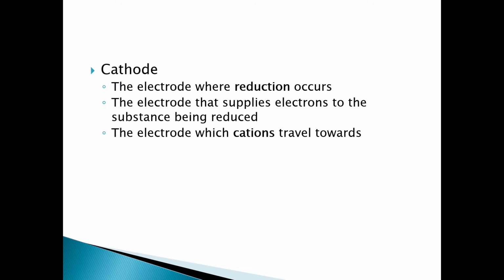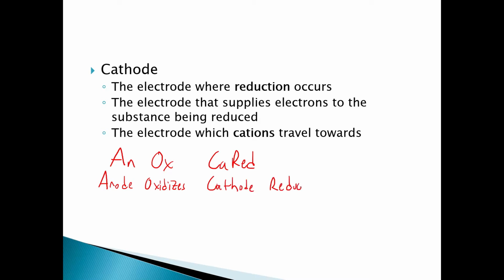Okay. Now, if you can't quite remember that, we have another mnemonic that helps us remember this, and it's called an ox, red cat. Okay, and basically, this says that the anode electrode oxidizes, and the cathode electrode reduces.